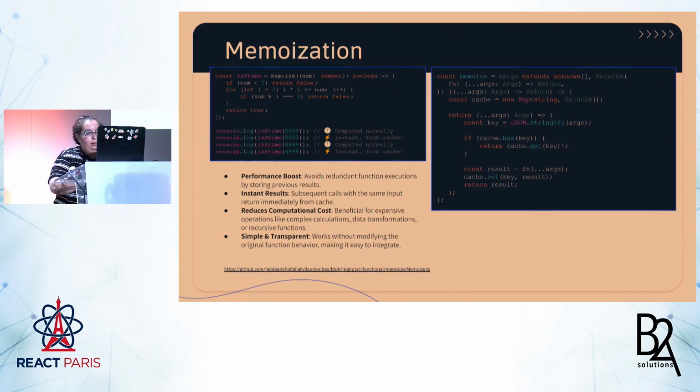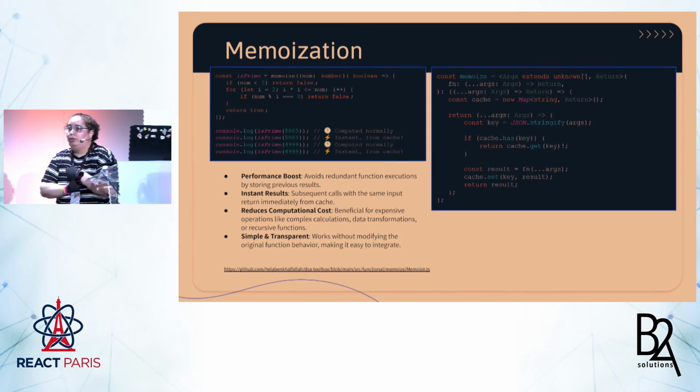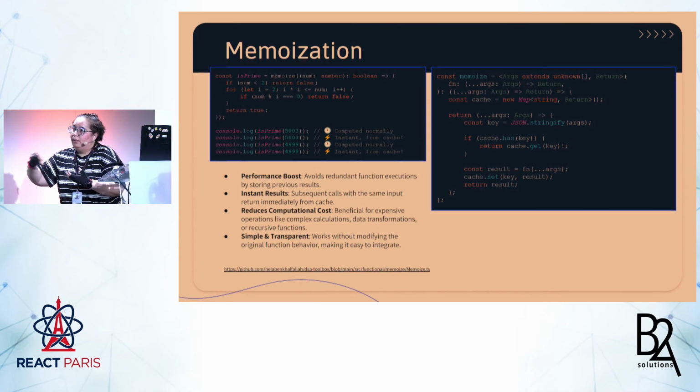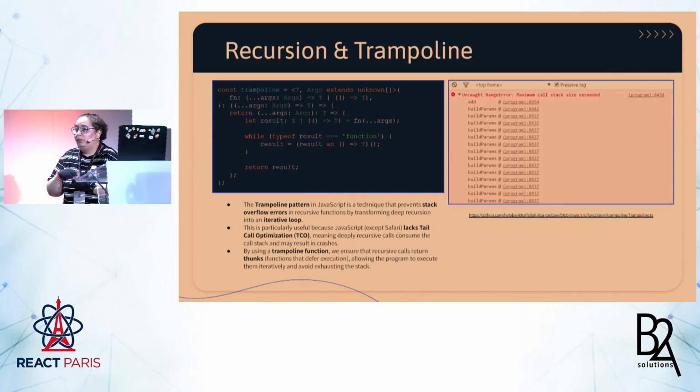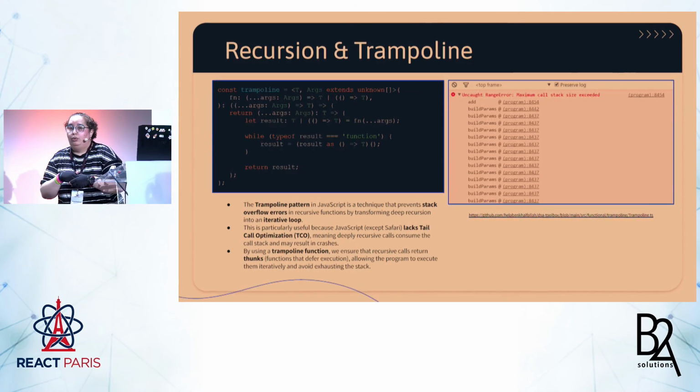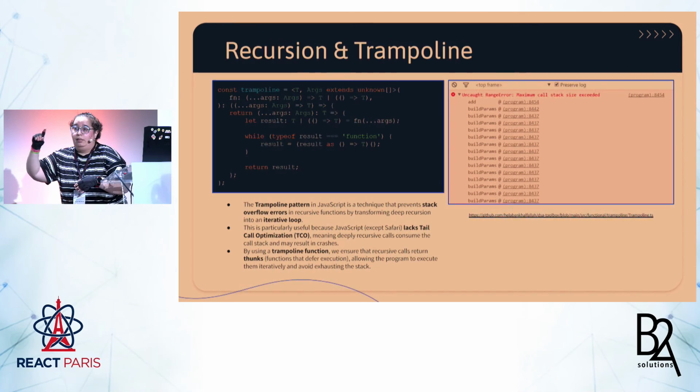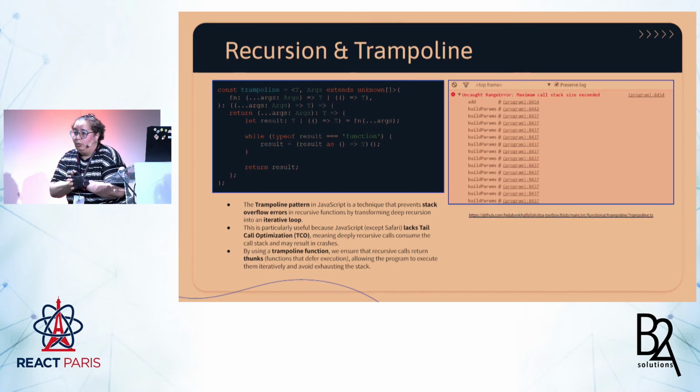I can make memoization in order to enhance recursivity, and I can make what we call trampoline to enhance recursive JS, since JS isn't TCO, which means isn't tail call optimized.